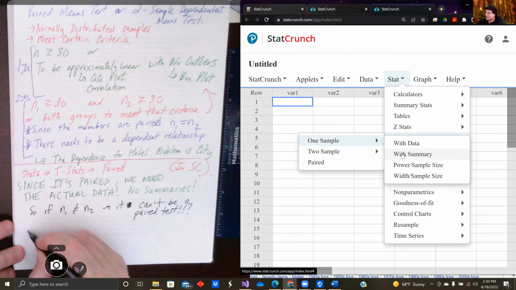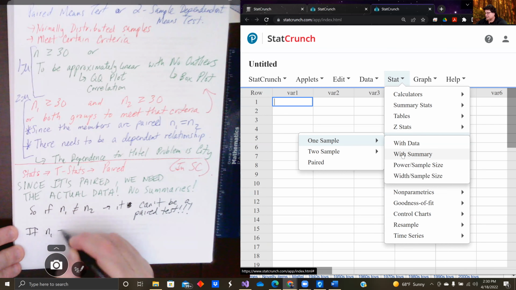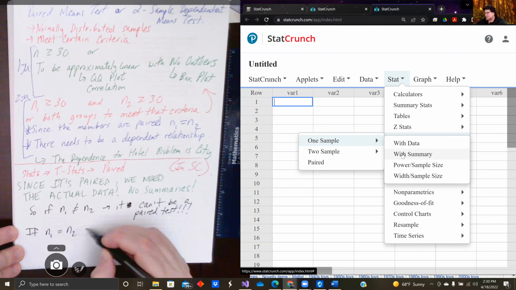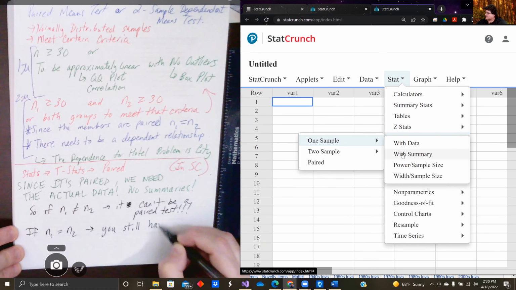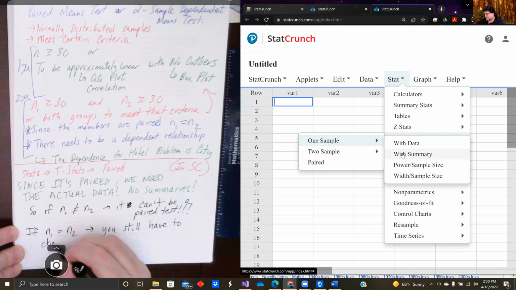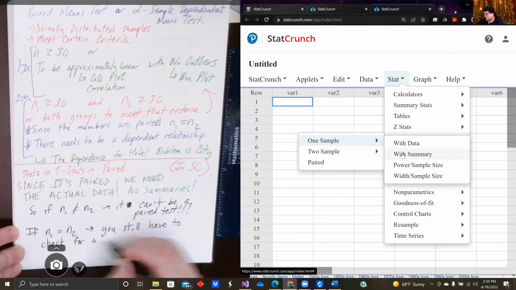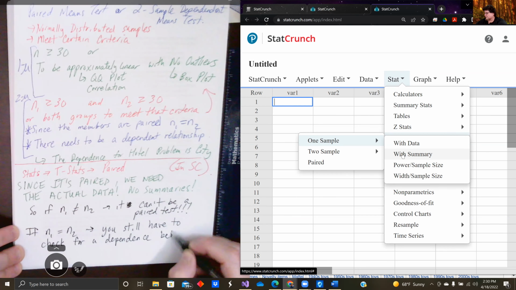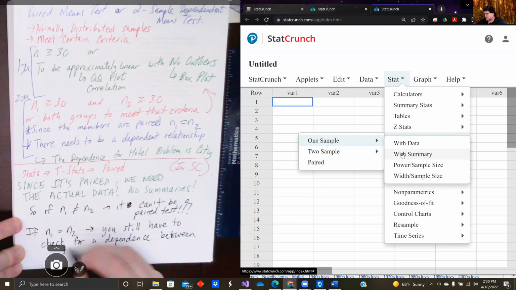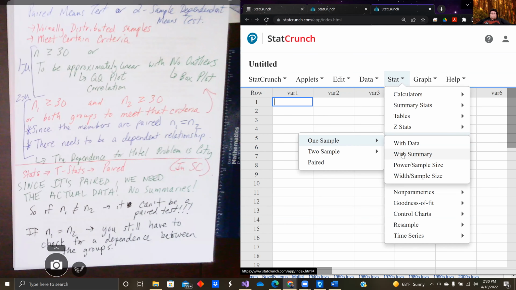And then if N1 equals N2, you still have to check for dependence between the two groups. Give me a second to write that down.